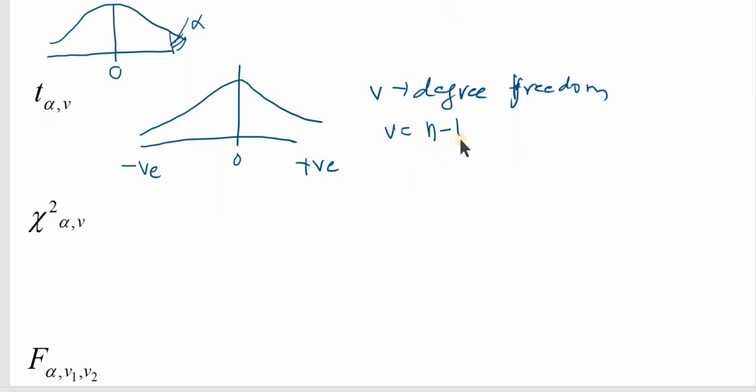The distribution is also the same: here is the alpha, whereby the positive and negative values of the T distribution are symmetric, just like the normal distribution. So we have alpha and V. Let's look at the table, how we are going to find the alpha or V for the T distribution by using the table.